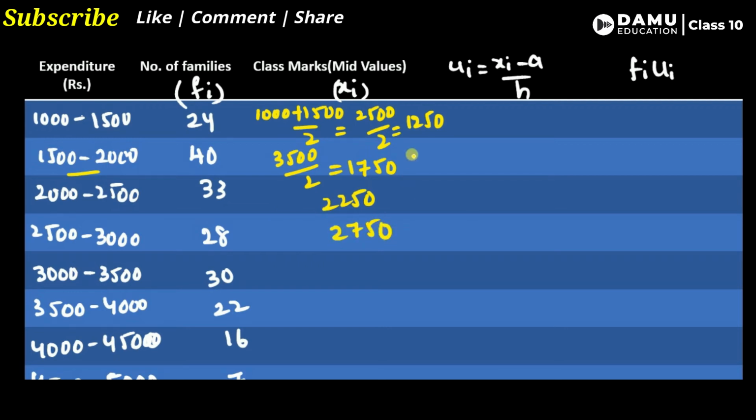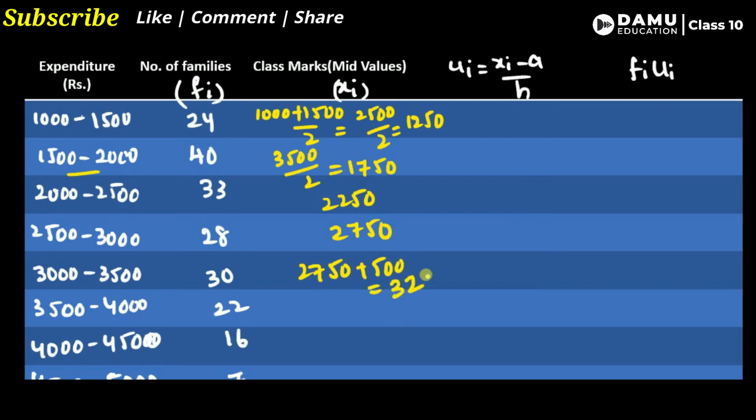If you observe here, the values differ by 500. So 2750 plus 500 is 3250. That is an easy way to find it.